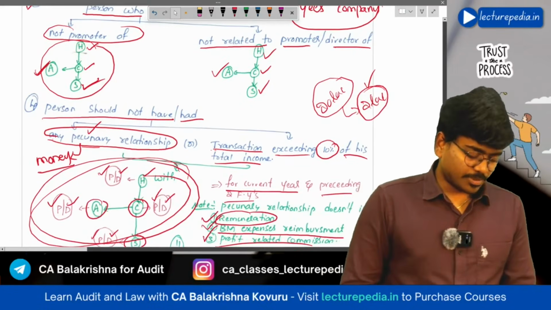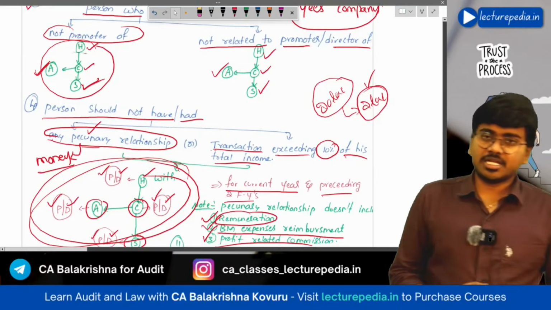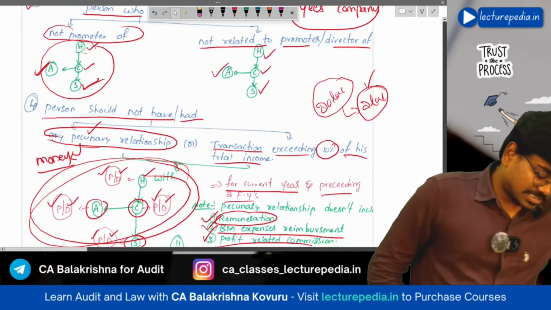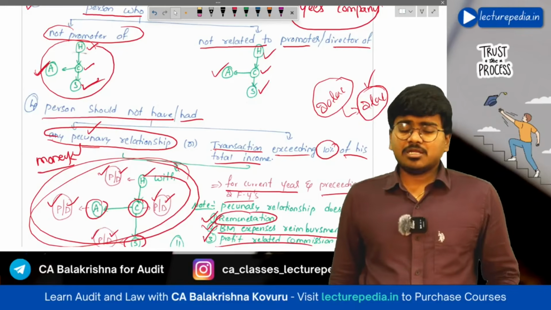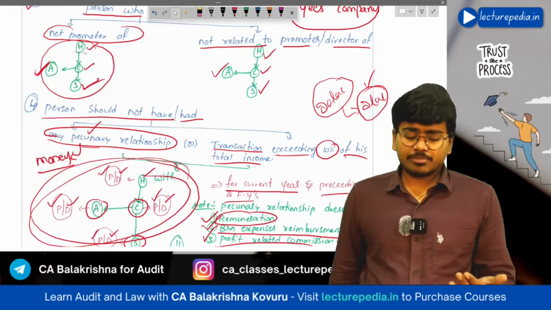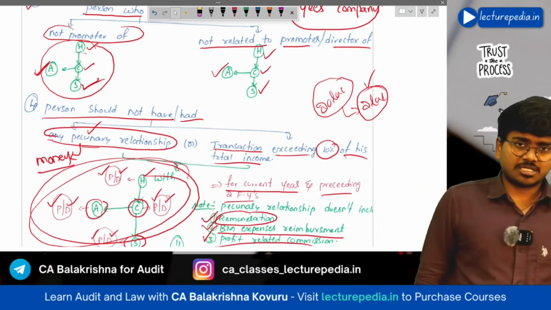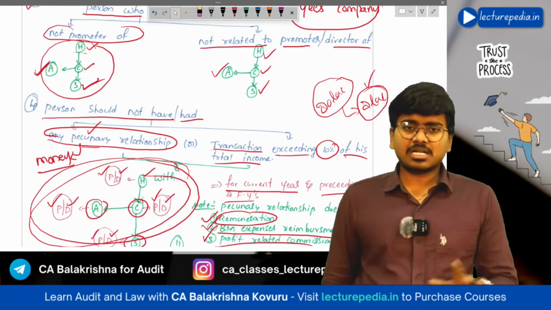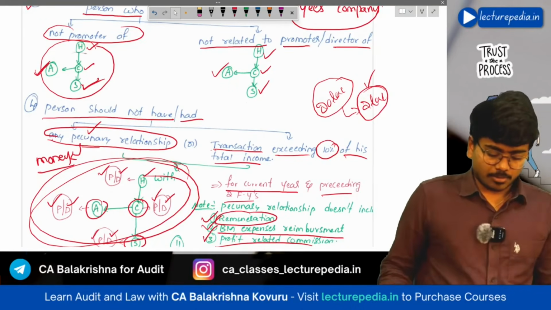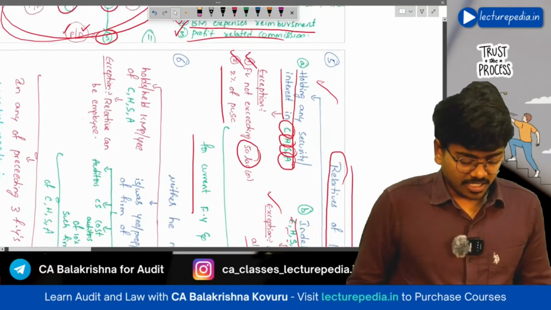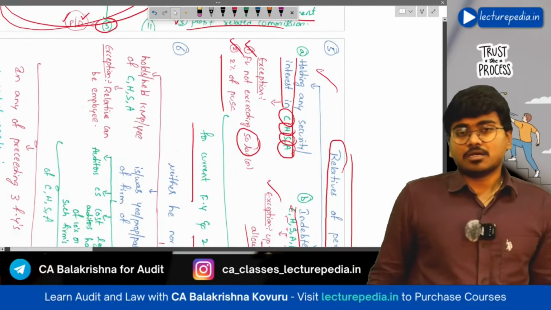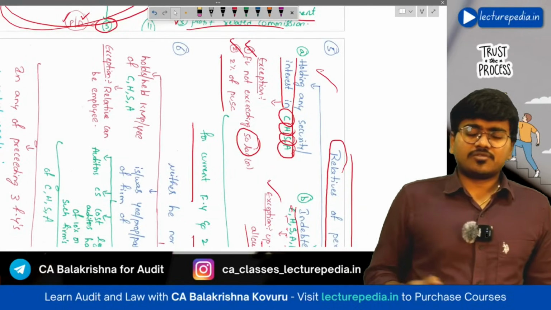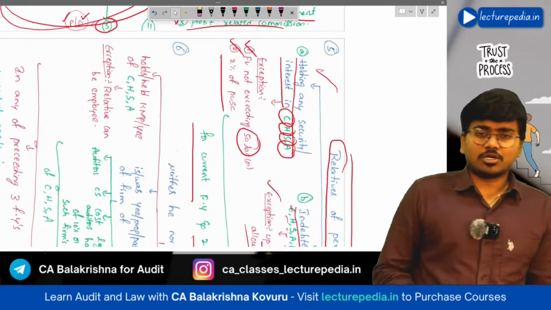Next, that person should not have any pecuniary relationship or transaction exceeding 10% of his total income, again with the company's promoter and director, holding company's promoter and director, subsidiary company's promoter and director, associate company's promoter and director. And finally, the fifth criteria is on relatives of the person. Relatives of the person should not have any security or interest in the company.